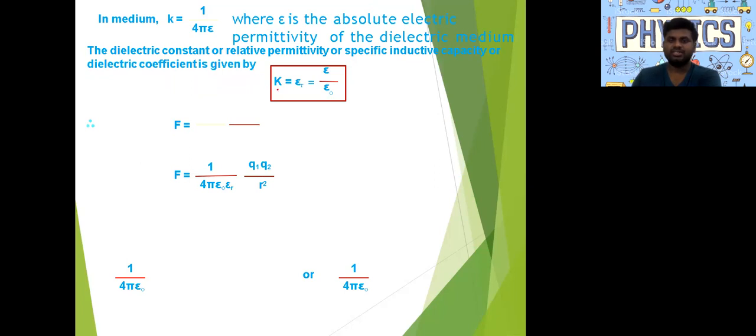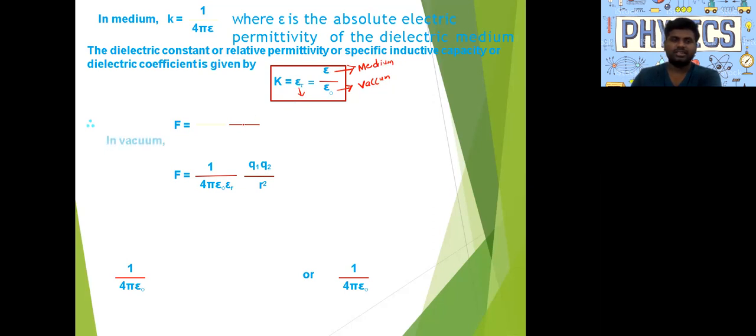Generally, dielectric constant is denoted by K. K is equal to epsilon R is equal to epsilon by epsilon naught. Epsilon is the permittivity of the medium. Epsilon naught is the permittivity of vacuum. Epsilon R is the relative permittivity.